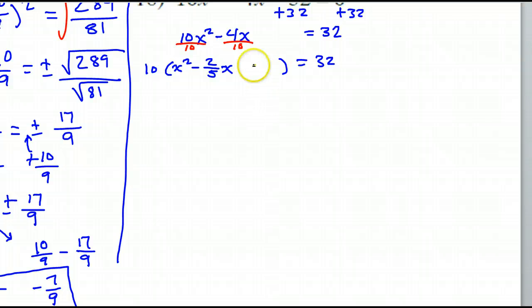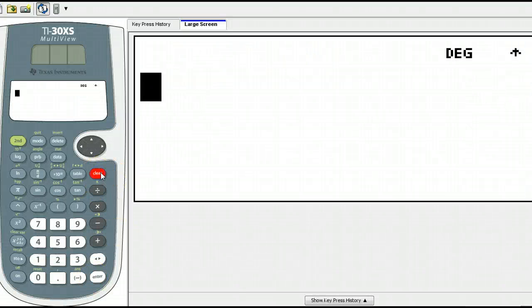Now it's time to complete the square. We need half of the middle squared. Yeah, it's a fraction and everything, but we do have the TI 30. So the middle is 2 over 5. I could do this all at once.